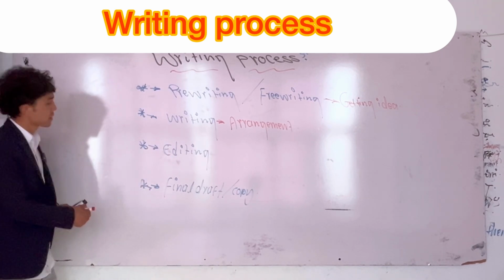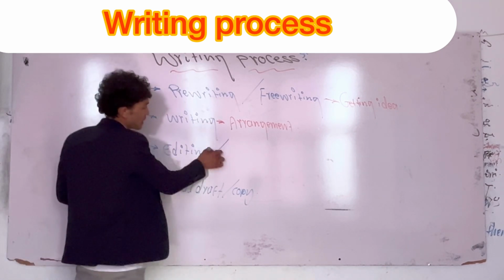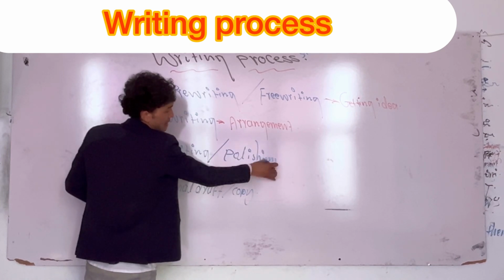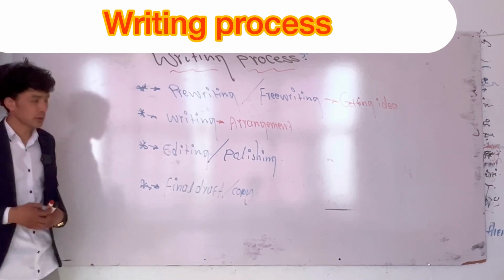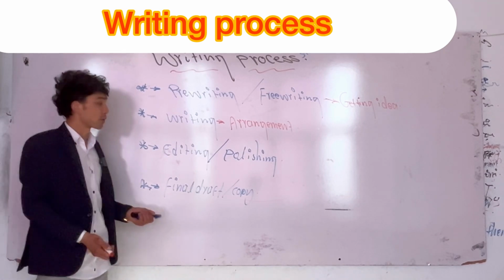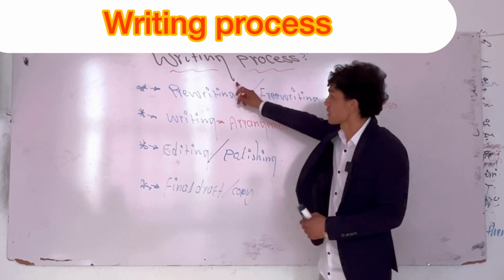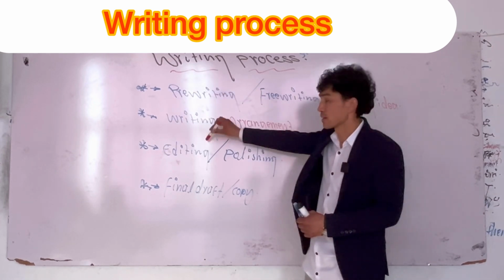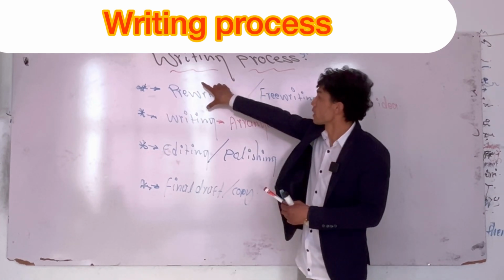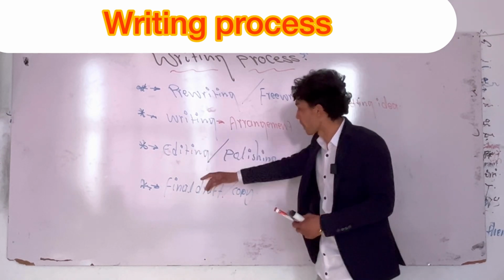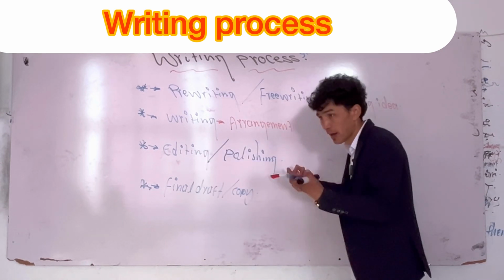Once you're done with this step, you jump to the third step. The third step is called editing, or somebody calls it polishing. As the name suggests, you check your paragraph for corrections, for mistakes. For example, you might check whether your paragraph has a topic sentence, the paragraph standard, the heading, the title, a skipped line, grammatical mistakes, or word choice.